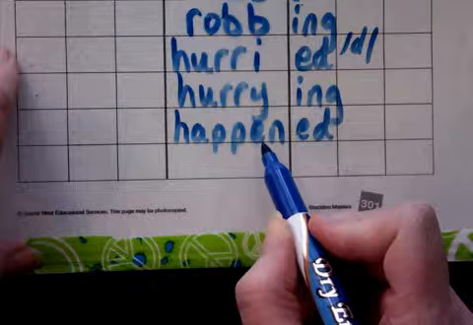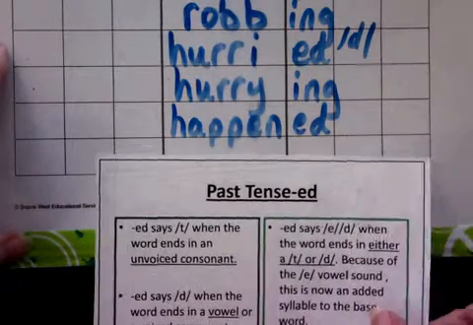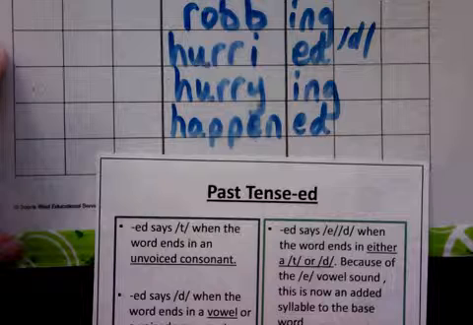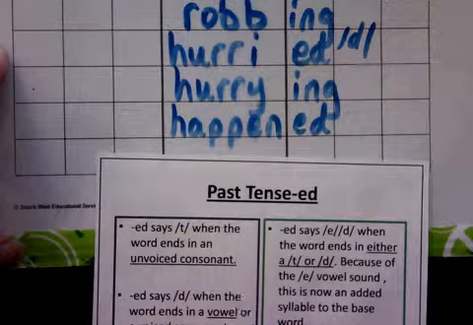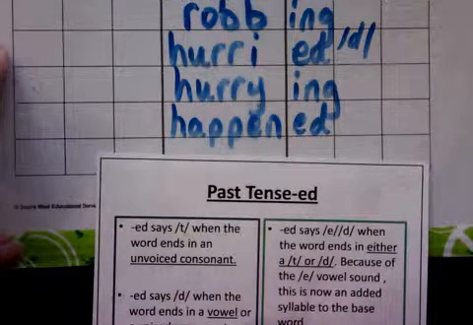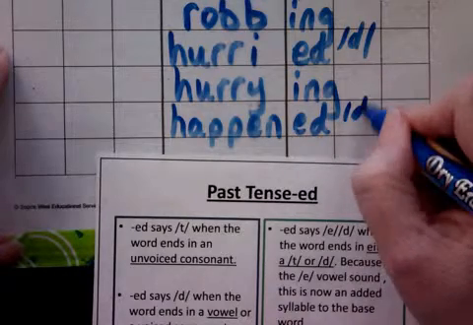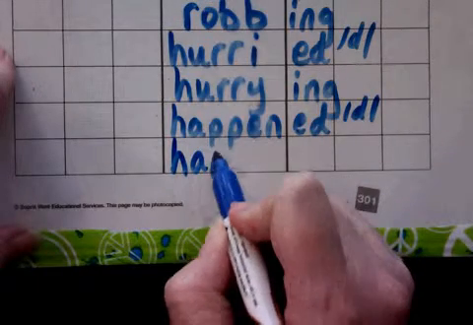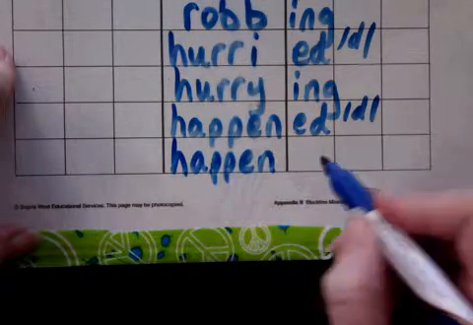So we are not going to double the N. And let's look, N is a voiced consonant right here. So the ed is going to say the D sound. Happened. The next word is happening. Our base word is happen, and ing. And that's all we need to do to that one.